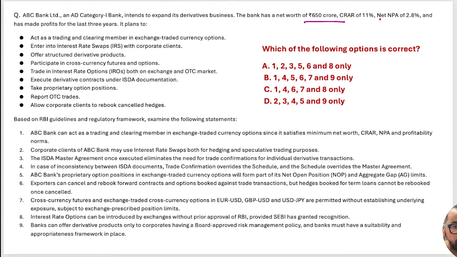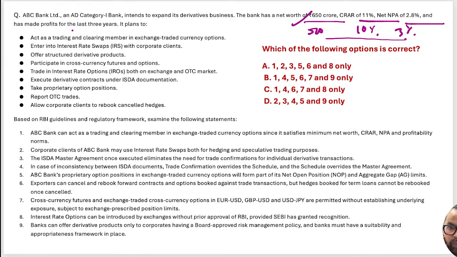Net worth, CRAR above 9%, 10%. Net non-performing assets less than 3%. Eligibility is defined. It is more than 500 crore. So we have 500 crores, we have 10%, and we have 3%, right?